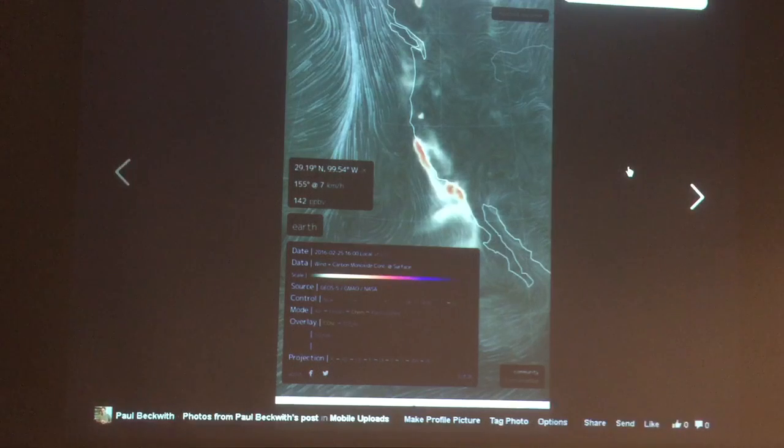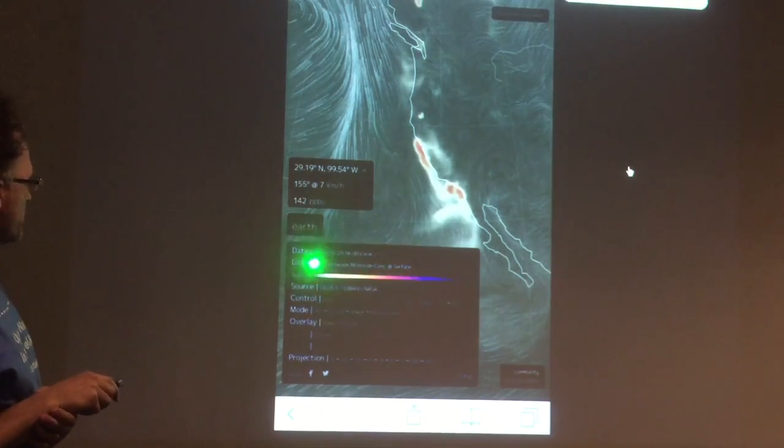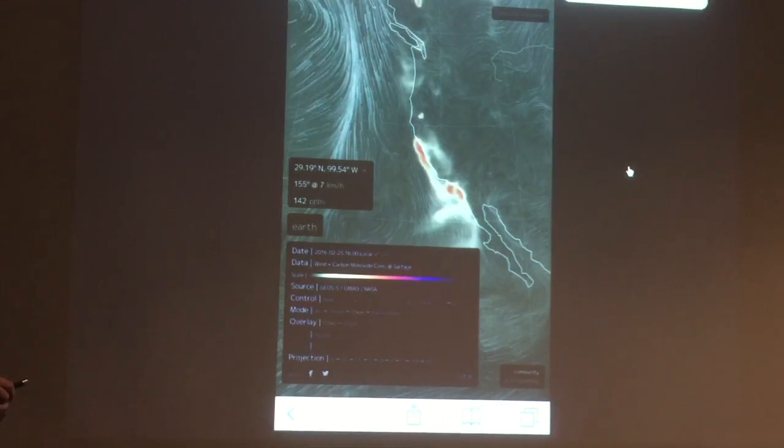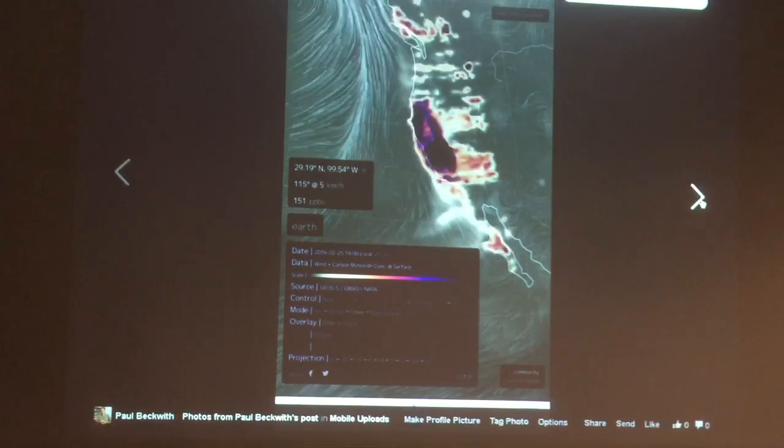Okay, so what you see here is February 25th at 1600 hours local time, and this is the carbon monoxide concentration, and you can see it's actually off the coastline here. What I'm going to do is cycle through, and the next slide is 3 hours later.